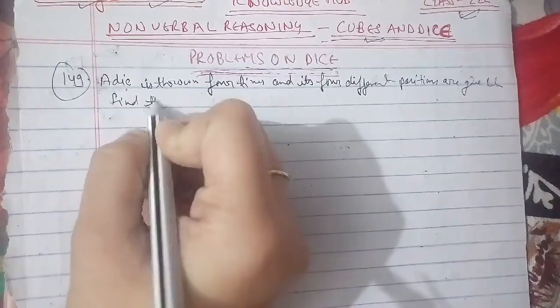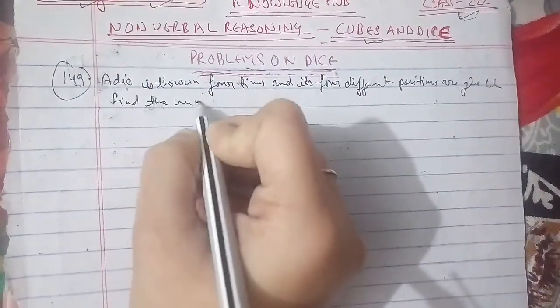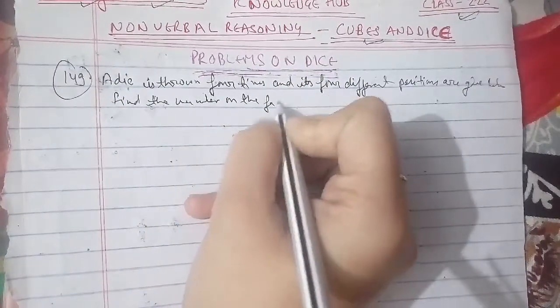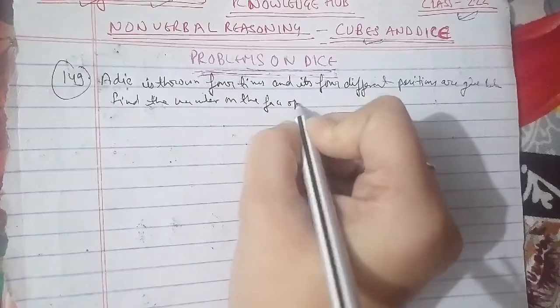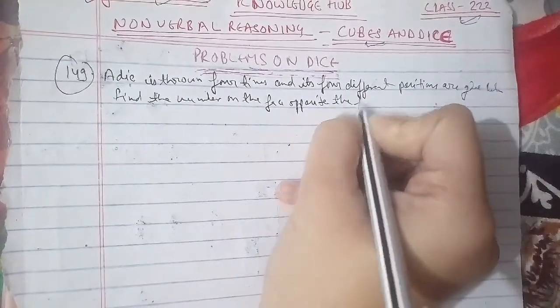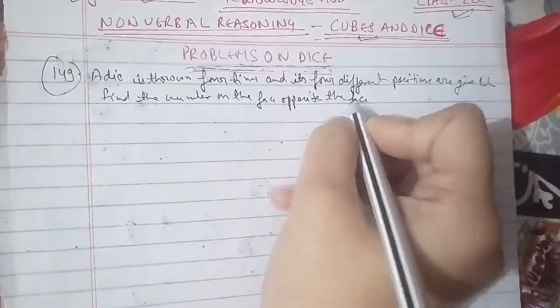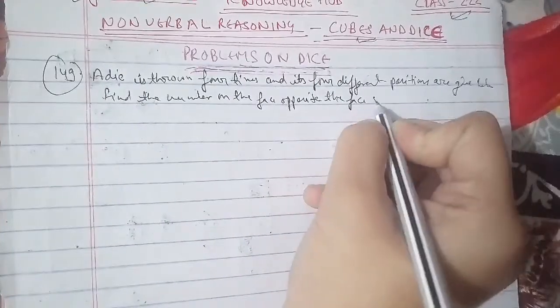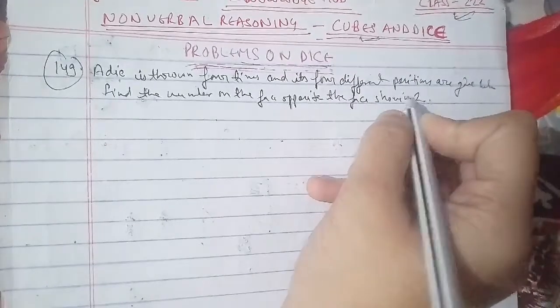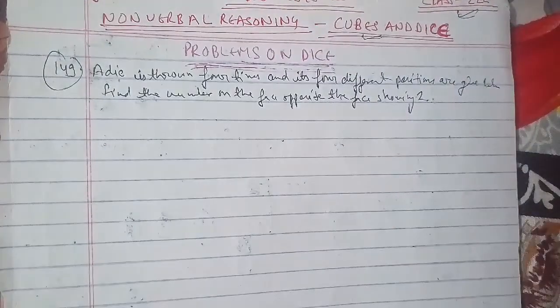Find the number on the face opposite the face showing 2. That's what we have to find.